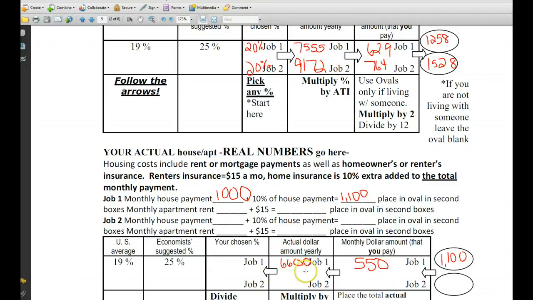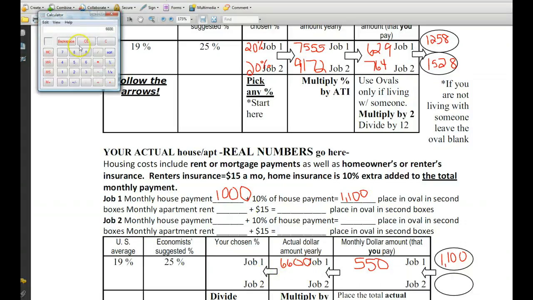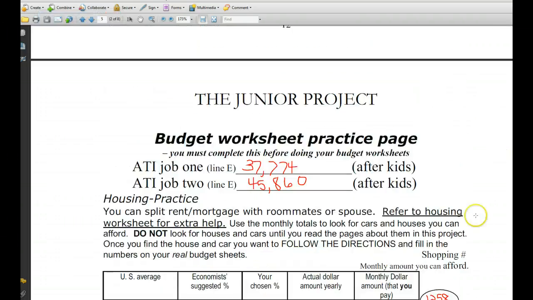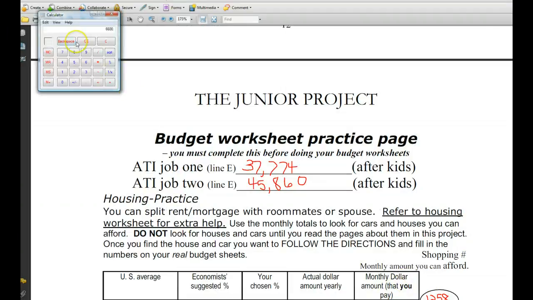Now I need to take this 6,600 and divide it by my ATI. So my yearly payment is 6,600, and I divide it by 37,774.